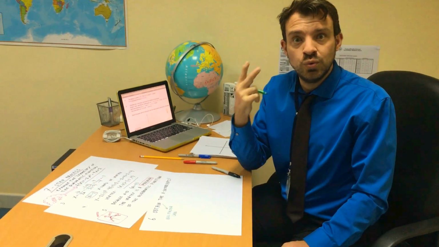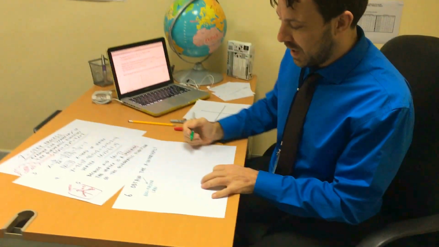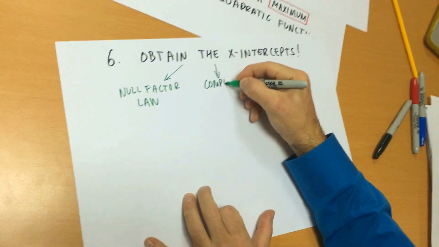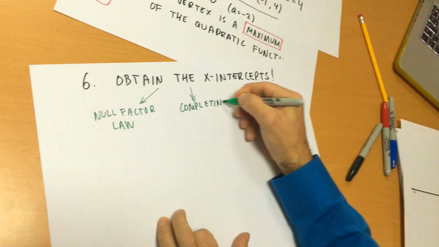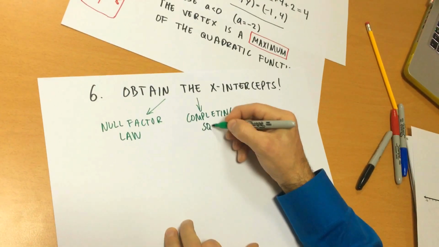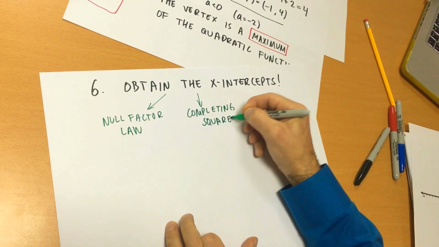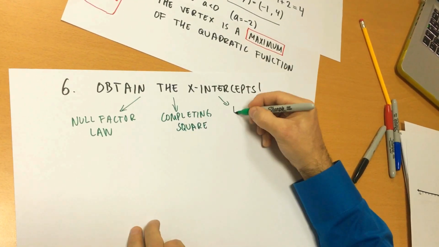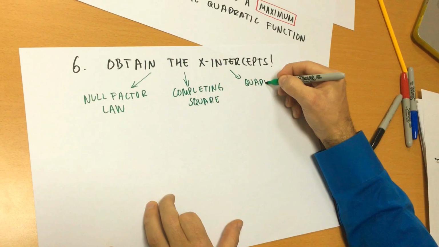This year we learned 2 other ways, and both work when you cannot factor. These 2 methods are completing the square, or you can use the quadratic formula.